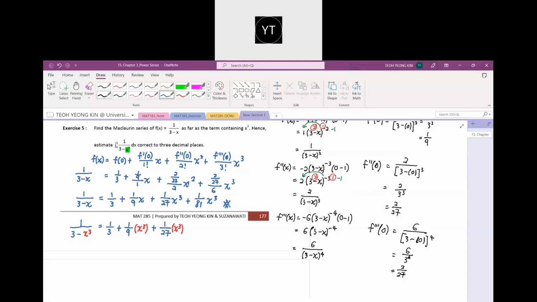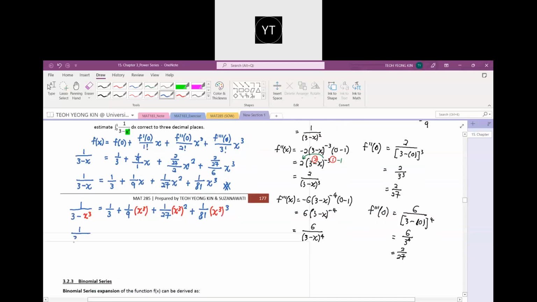So here we have x squared plus 1/81 x cubed. For this x again, I change to x cubed, and don't forget this one is to the power of 3. So here we have the power of 3.